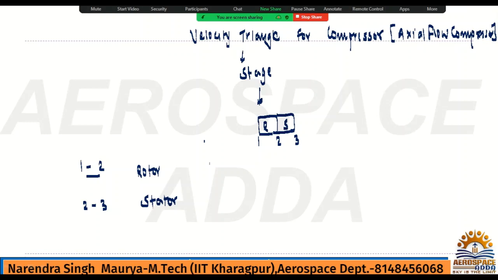Once you go for the work analysis, enthalpy is required. So it is better to write the enthalpy balance across the stator and across the rotor here only.